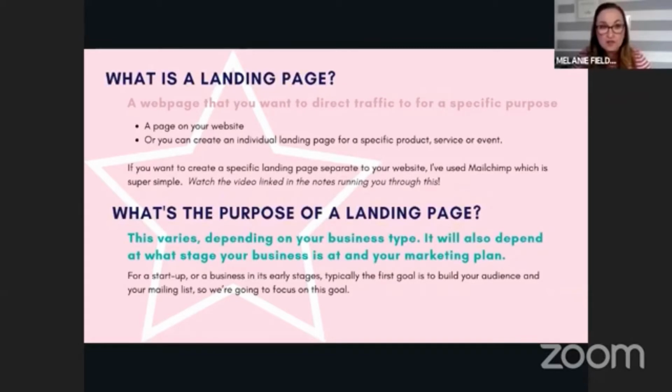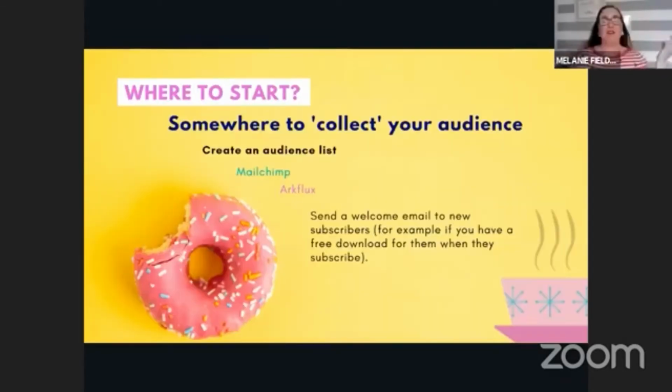Now, for a startup, typically one of the first goals that you'll have is to build your audience, obviously, and of course your mailing list, that is your gold. A good place to start would be somewhere where you can collect your audience.